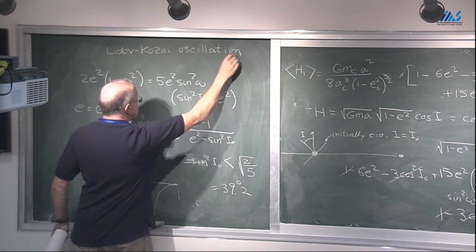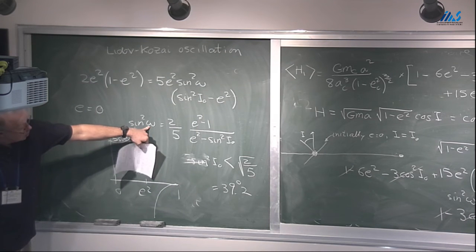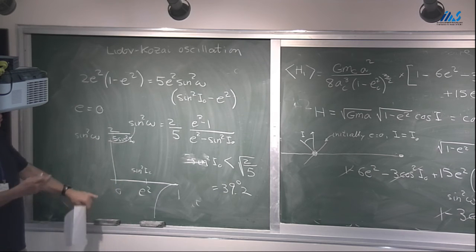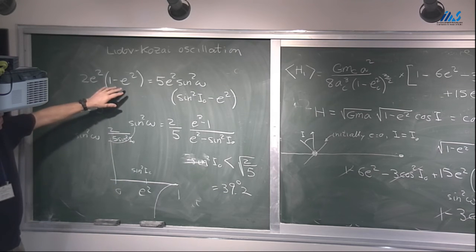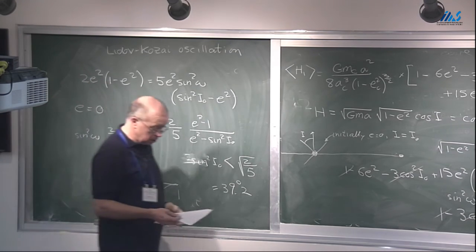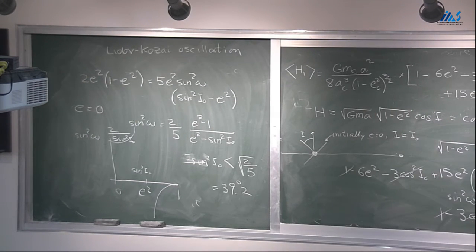What actually happens to the argument of periapsis, to the eccentricity and the inclination during these oscillations, you can get simply by plotting the level contours of the Hamiltonian. And let me just go to the slides for a second to show you that.